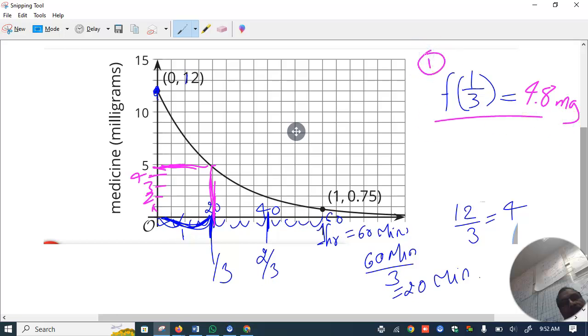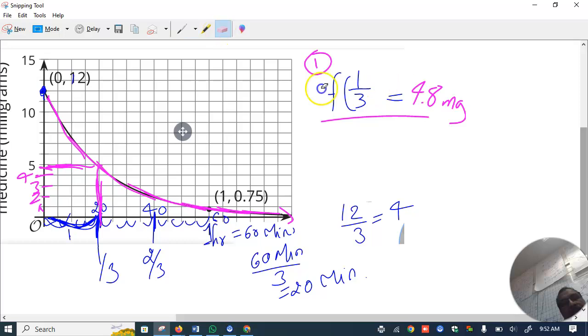And the second question is, after 1 hour, 0.75 milligram of medicine remains in the bloodstream. Find an equation that defines this. So now we need to model this graph with an exponential function. How do we model an exponential function?